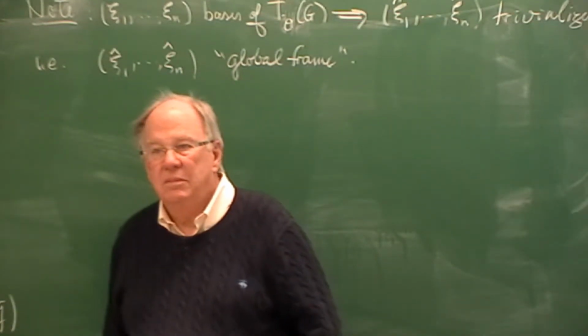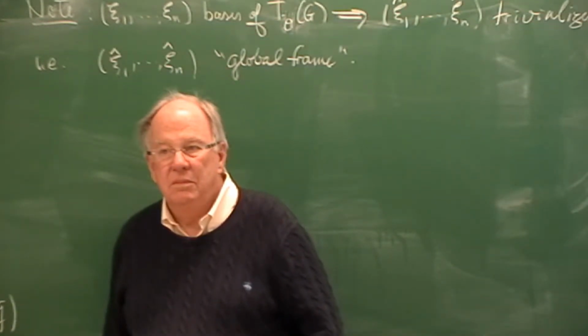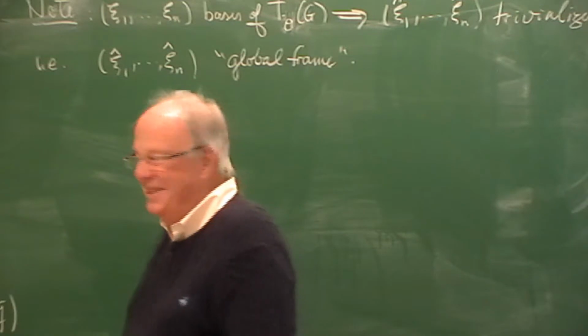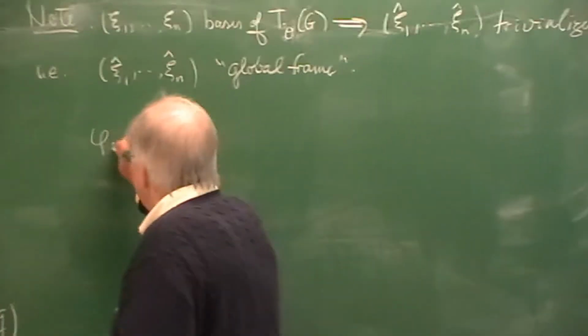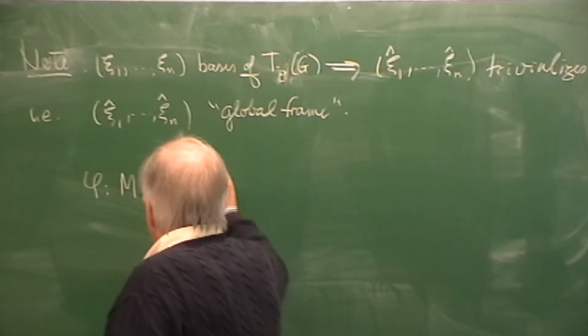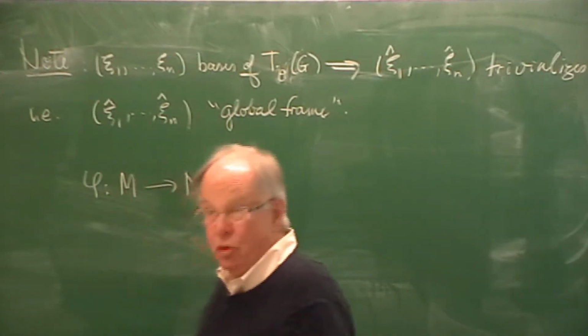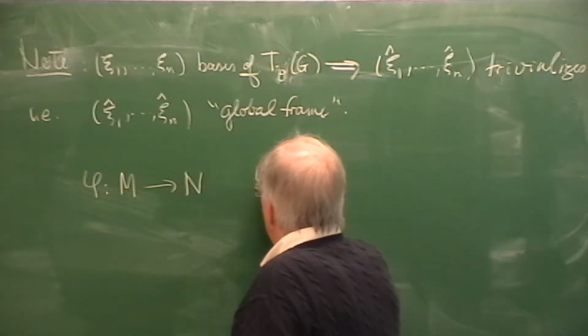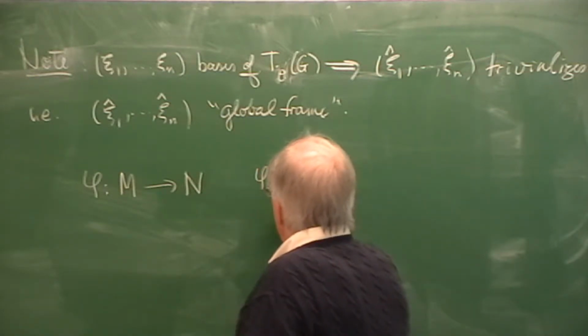I still don't understand how you define the push forward operator. Well, let phi be a smooth mapping from manifold to manifold. So we then have a push forward mapping.